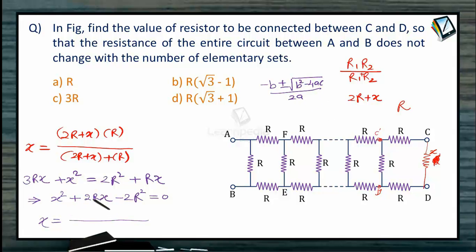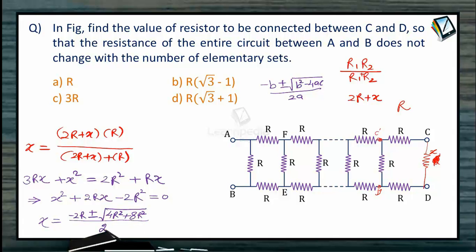So B is 2R, C is minus 2R square. So minus B means minus 2R plus minus under root B square, which means 4R square, minus 4AC. A is 1, C is minus 2R square. So it becomes plus 4 into 1 into 2, which is 8R square. B square minus 4AC, divided by 2A.